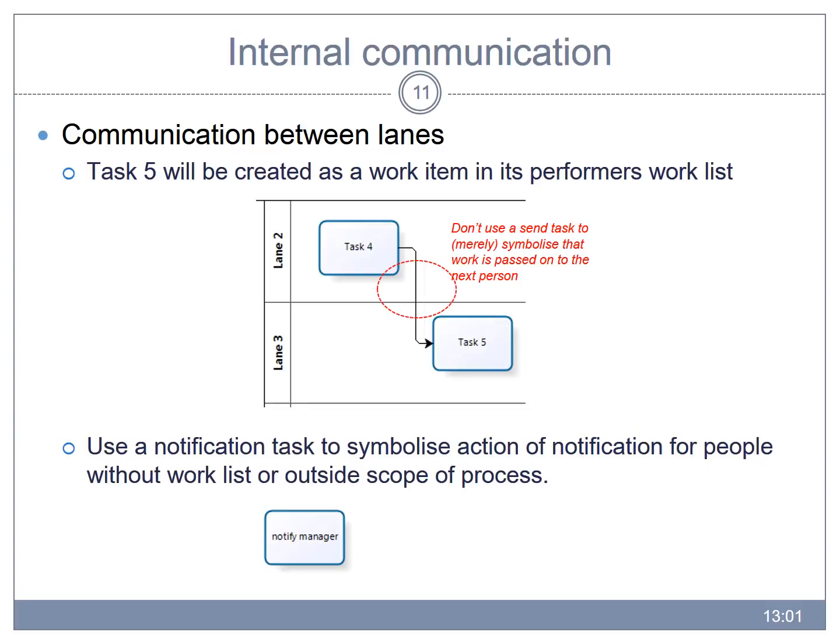This happens automatically and is part of the functionality of a business process engine. If you have internal communication with a person that is maybe not modeled actively in the process, and that doesn't have a work list, you can simply use a task like notify your manager or send email to a particular person.